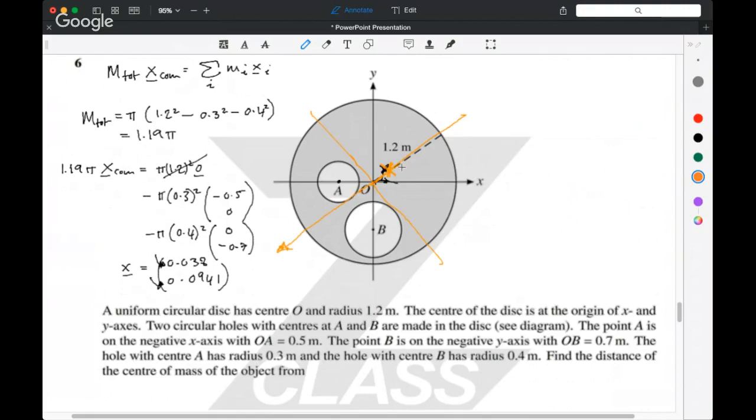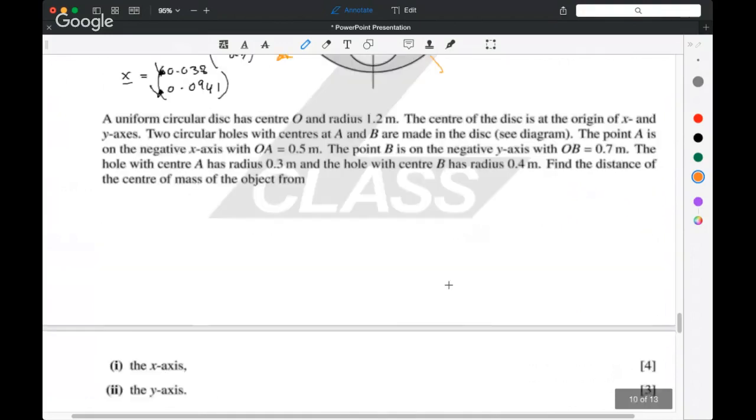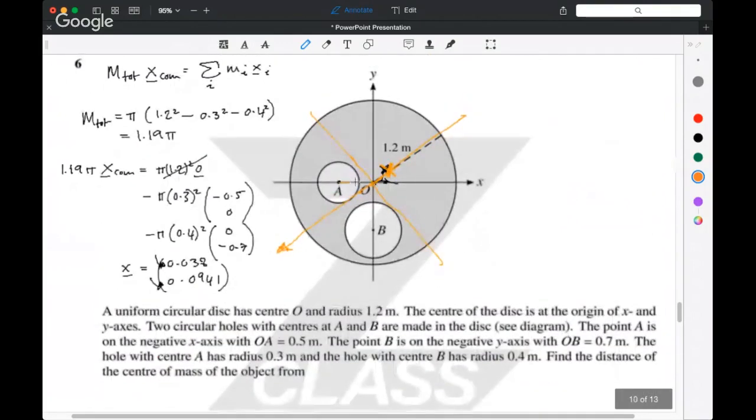So what they're asking is the angle that OA makes with the vertical. So OA is this one. So they're asking for this angle, which is the same as this angle. Well, what is this triangle? We want this angle, right?